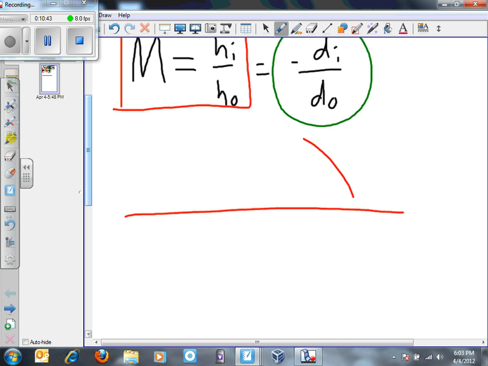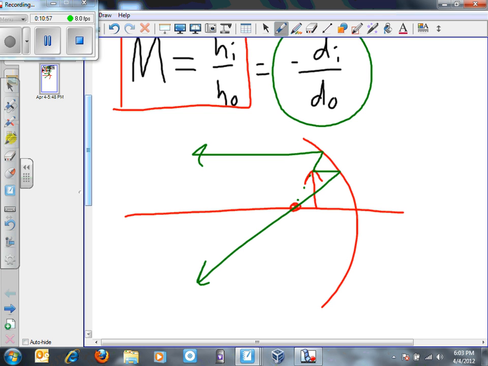If I have a converging lens and I have an object here and I do my quick ray tracing and discover that I get an image over here, the sign convention for this is the height.